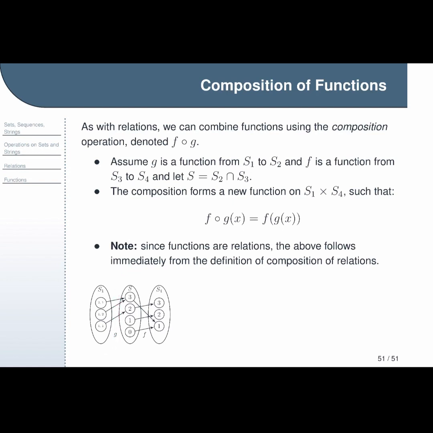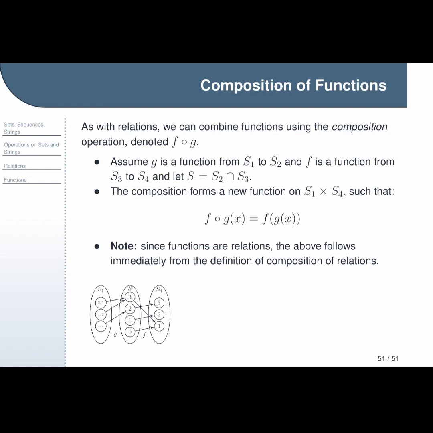The only difference here is that our arrows, as we go from left to right, can only map to a single element. So you are not allowed to draw from one element out to multiple elements as we could with a relation. Other than that, we get the same thing, and we end up with this mapping that goes from S1 all the way to S4 via S in the middle, which is the intersection of S2 and S3.